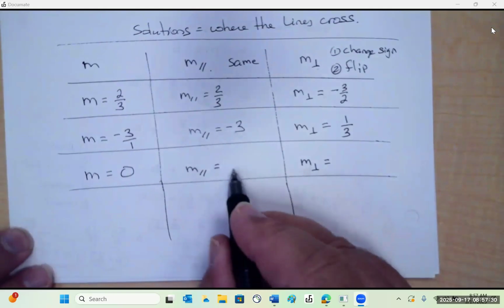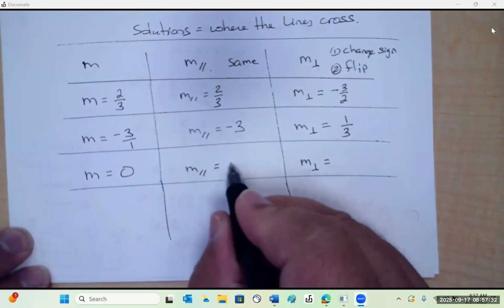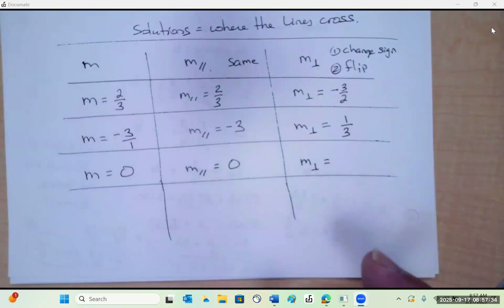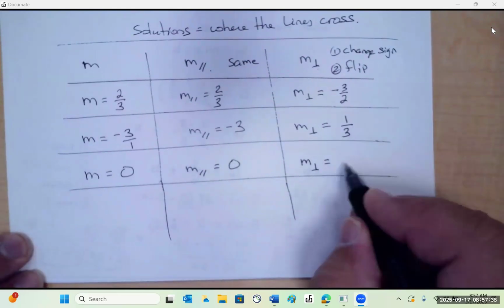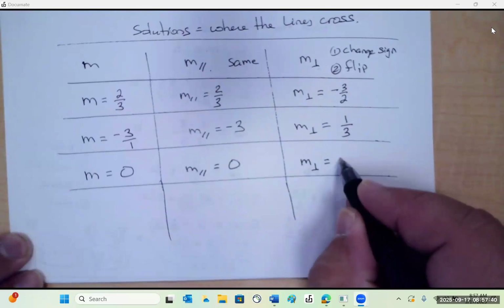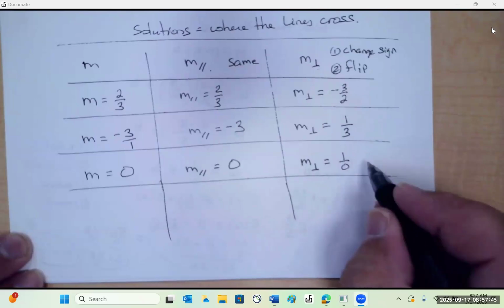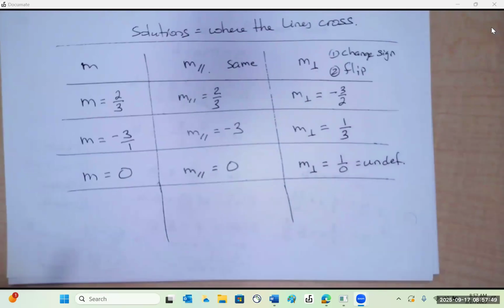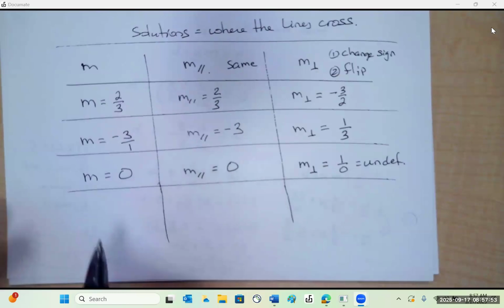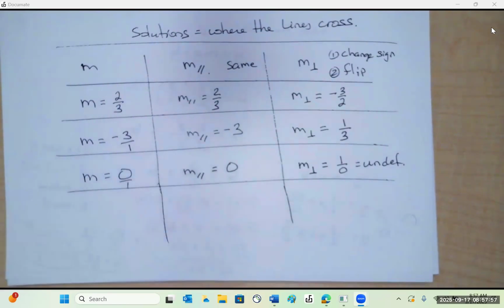What's the parallel slope? Very good. That's the easiest one. If it's parallel, it's just the same thing. What's perpendicular? Which is undefined. Very good. It is one, because this is 0/1.